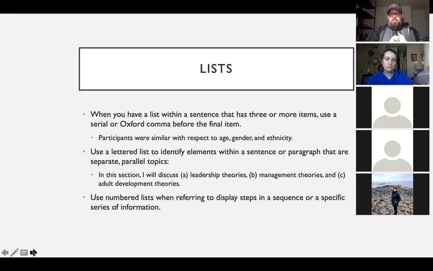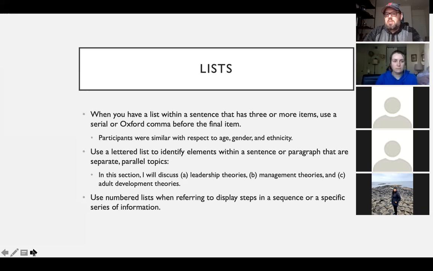Additionally, you also want to use a lettered list to identify elements in a sentence or a paragraph that are separate but parallel topics. So it doesn't mean that there's hierarchy here, but they're all equal in terms of their importance, right? So in this section, I will discuss (a) leadership theories, (b) management theories, and (c) adult development theories.